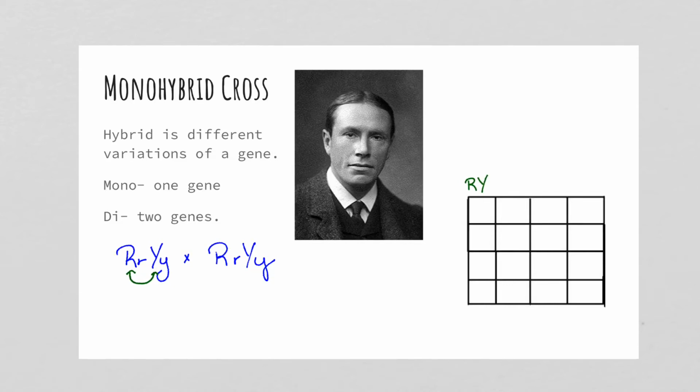I'm going to get the outermost ones, so it should be big R, little y. I'm going to get the innermost, so little r, big Y. And then I'm going to get the lasts.